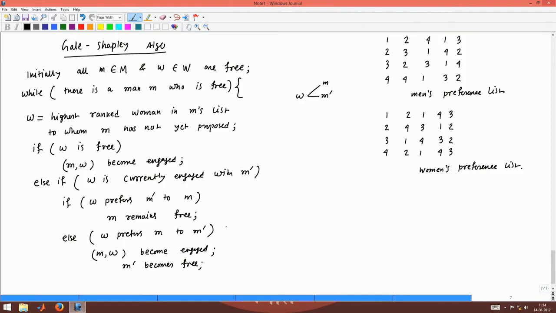So, in this case you do these two things, right, and here is the end of this while loop.